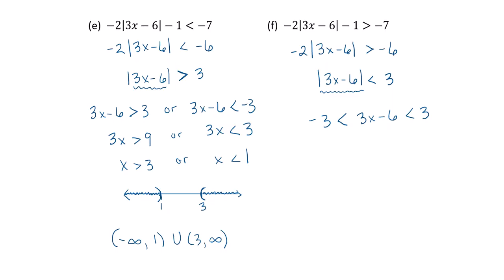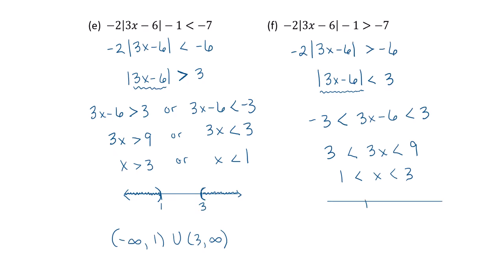I'm going to add 6 to all three parts, so 3 is less than 3x, which is less than 9, and I'll divide by 3. So 1 is less than x, which is less than 3.